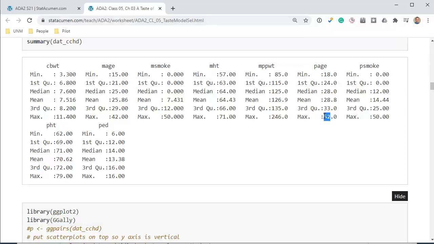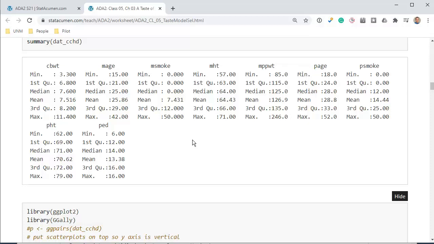So yeah, fathers can be a bit older than mothers. Smoking, congratulations, fathers smoke as much as mothers. Fathers' heights from 62 up to 79, okay, and education from 6 to 16. All right, so all those ranges seem to be about right in terms of my intuition.